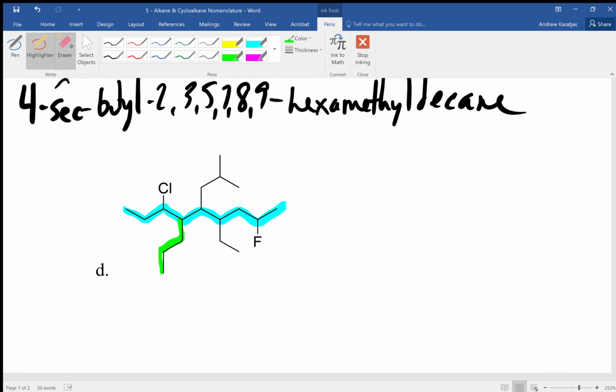And since they're both 9 carbons, we want to go with the one that has more substituents. In terms of direction, if we start on the left side, our first substituent is on carbon 3. But if we start on the right side, our first substituent, the fluorine, is on carbon 2. So we'll go from right to left.